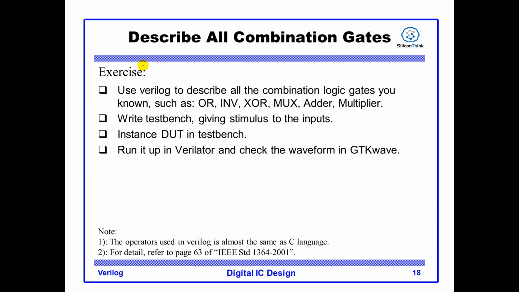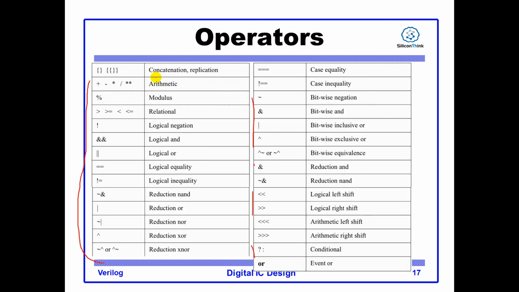This is exercise 10. Can you write Verilog code to describe all the combinational logic you have known, such as OR, inverter, exclusive OR, mux, AND, and multiplier, even divider, using the operators here: AND, OR, exclusive OR, multiplier, divider, subtract.